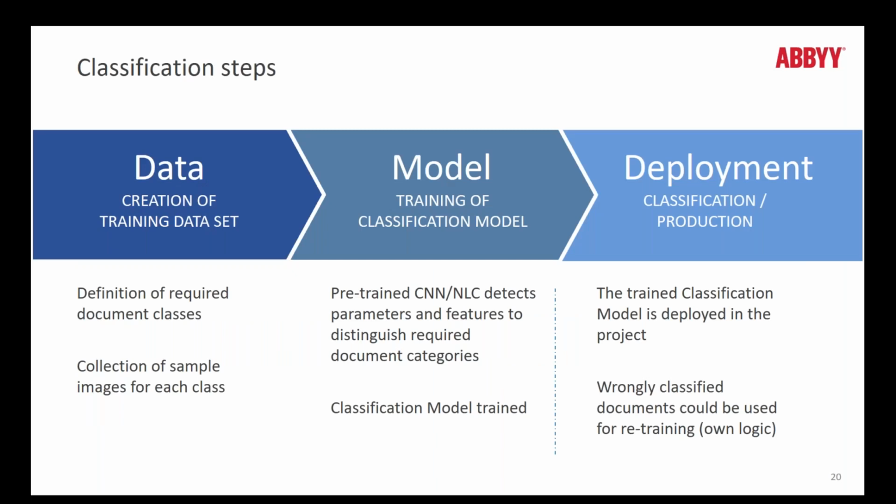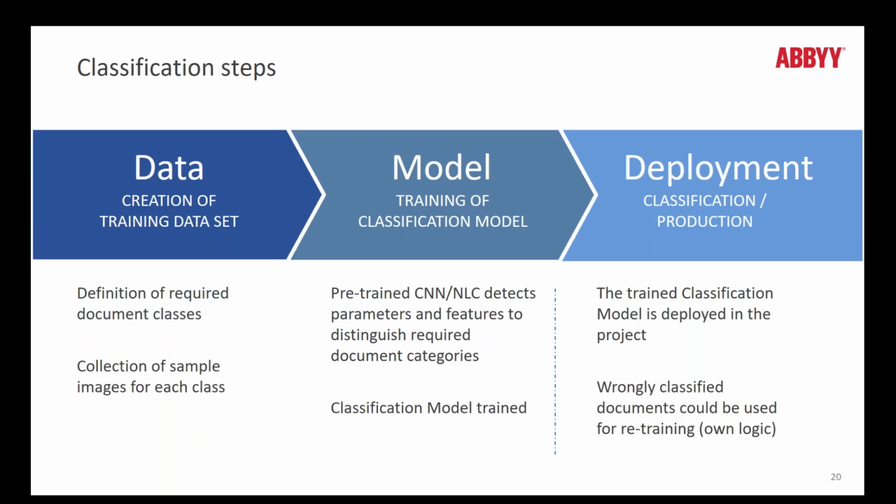So how is the process? And please remember this slide a little bit. It is actually a three-step process, while two steps belong together. So the classification happens in 3 steps.